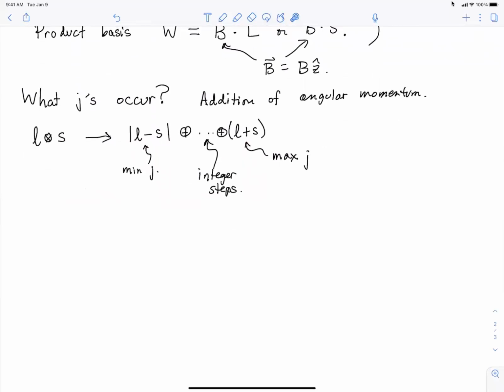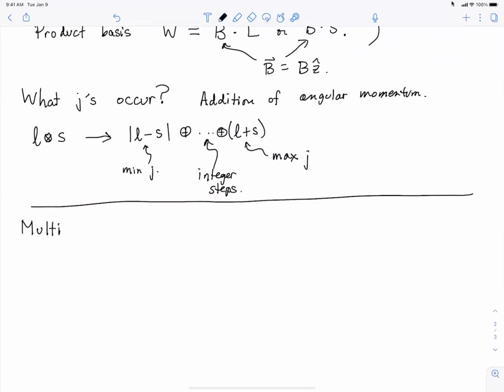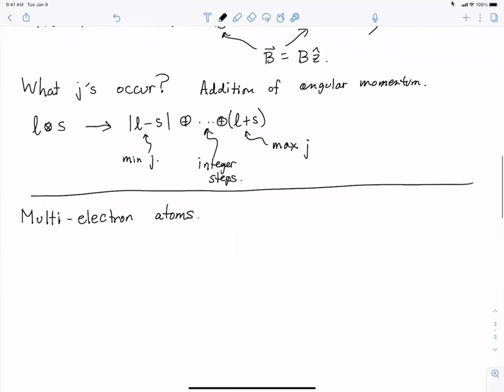All right, so you'll get to do that for homework. And so now let's go back to where we were in the lecture, which was talking about, we were about to start talking about multi-electron atoms. And so one thing I should say right off the bat is we're not going to be actually solving any complicated differential equations or anything.